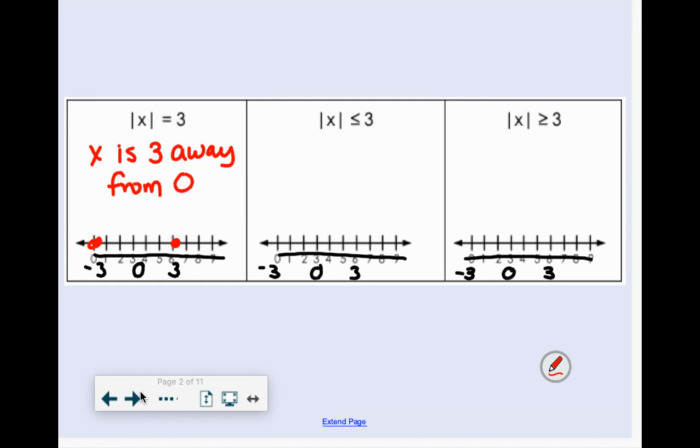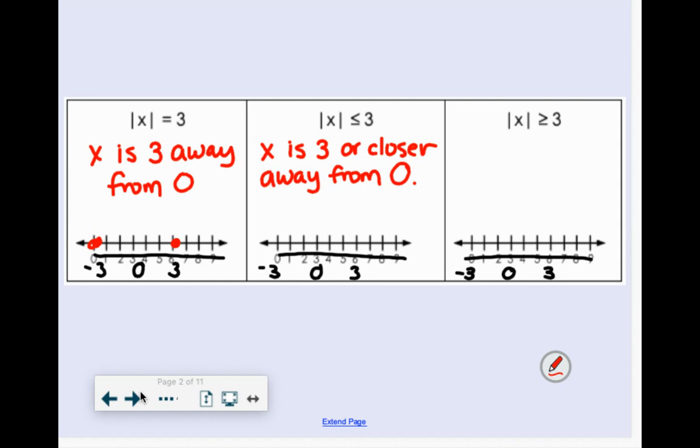Then, when we move on to the absolute value of x less than or equal to 3, that means that x is 3 or closer away from 0. So if we want that distance to be less, then we're getting closer, not further away. Less distance means closer together.